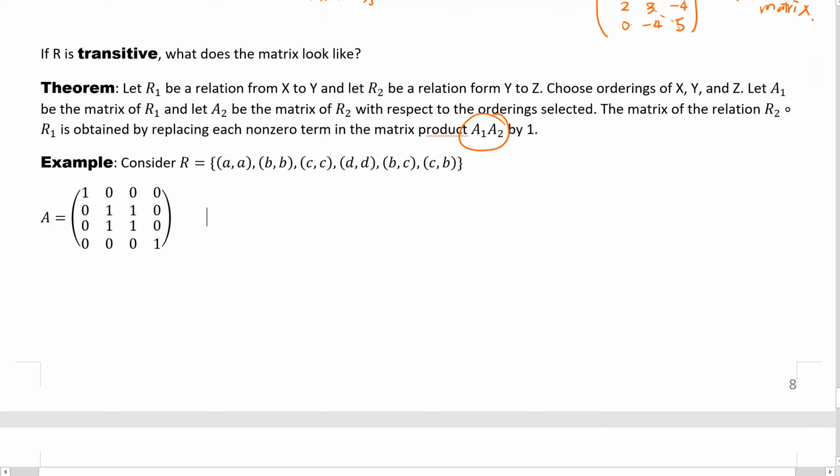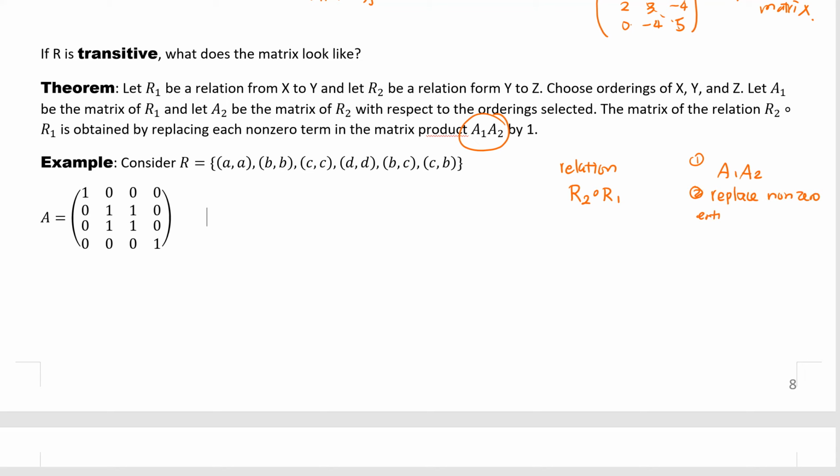Let me put it down here. We have the relation R2 composite R1, and we have the matrix product A1 A2. First you calculate the matrix A1 A2, and second you replace the non-zero entries by 1, and then you get the new matrix.